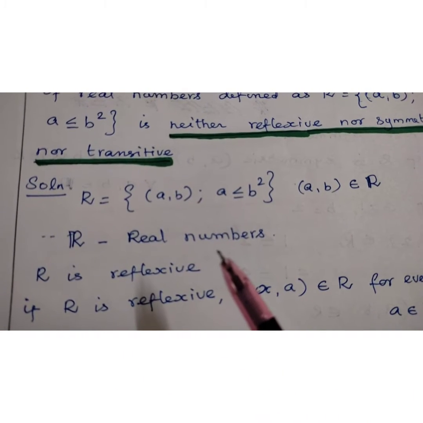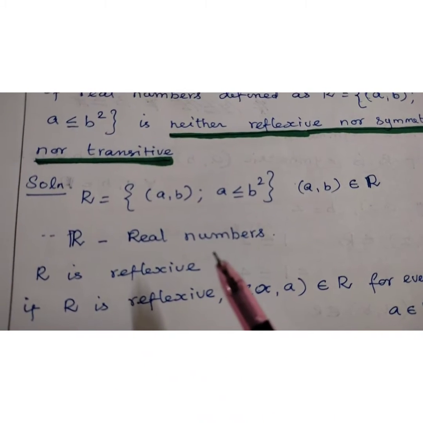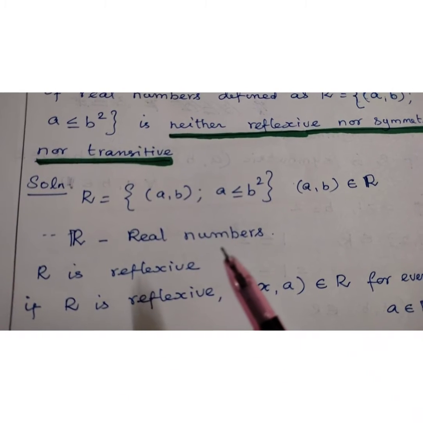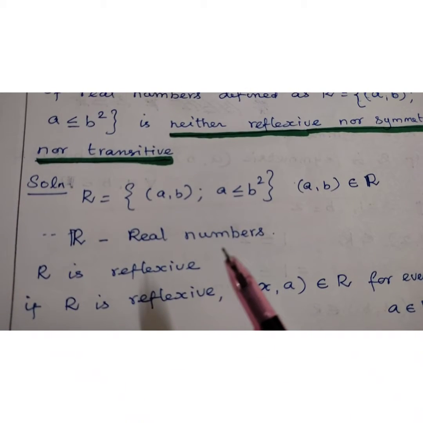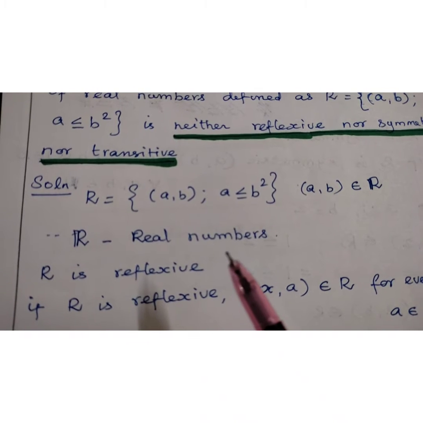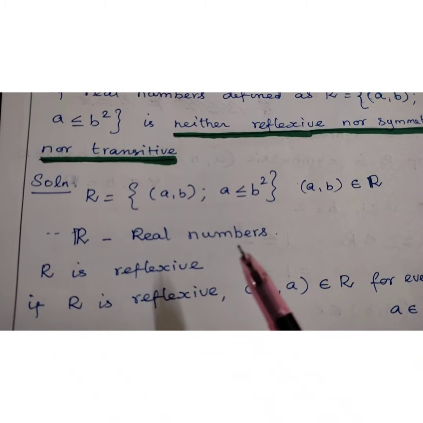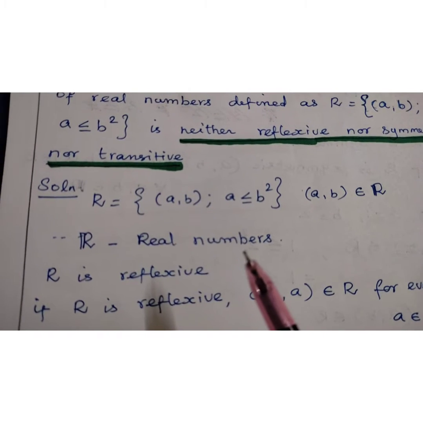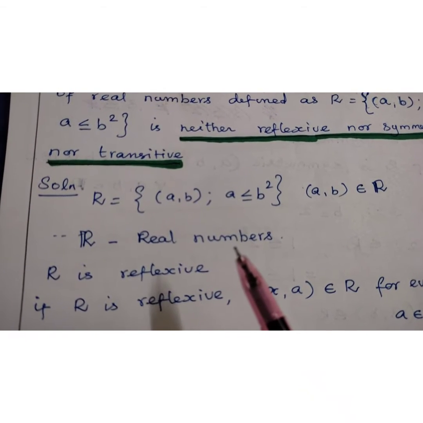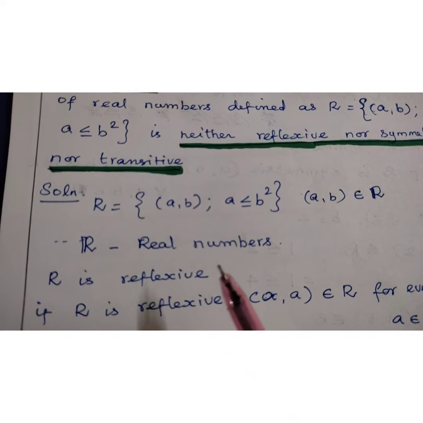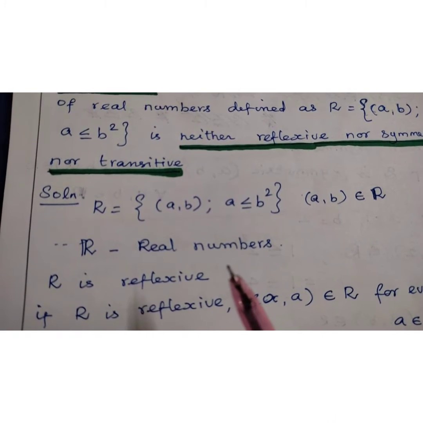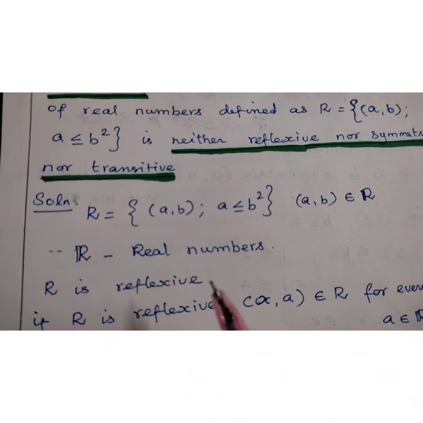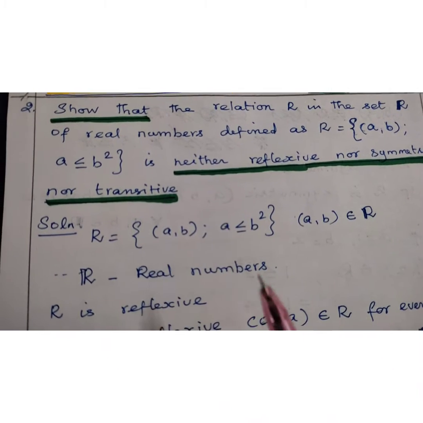Real numbers include positive numbers, negative numbers, zero, rational numbers and irrational numbers also. That means these 5 things are in the real numbers. Now we have to prove that R is not reflexive.